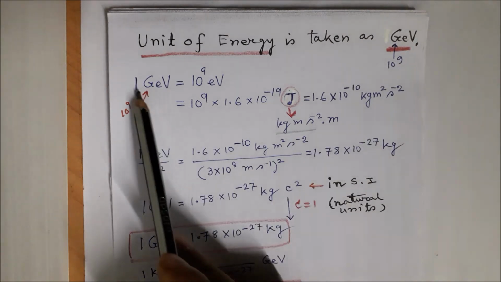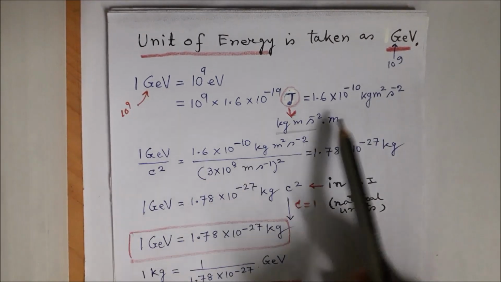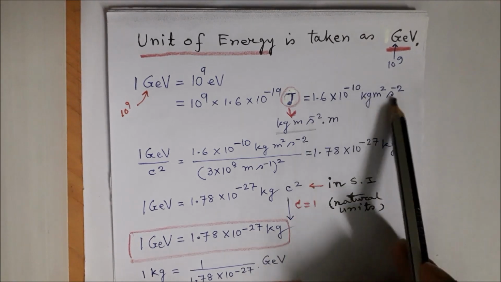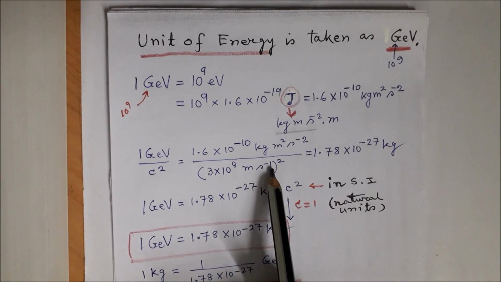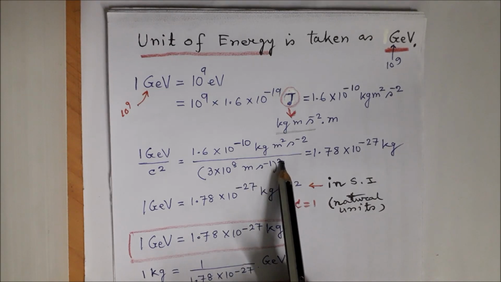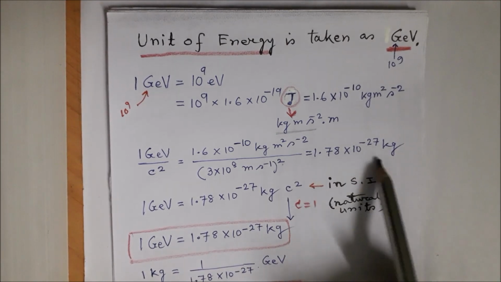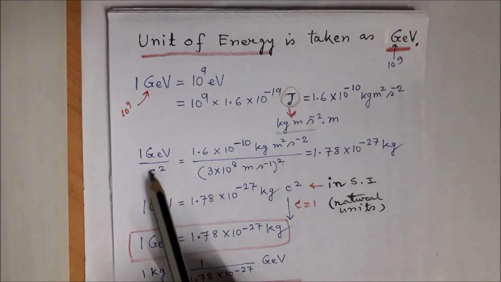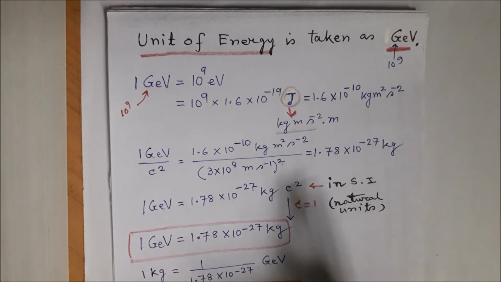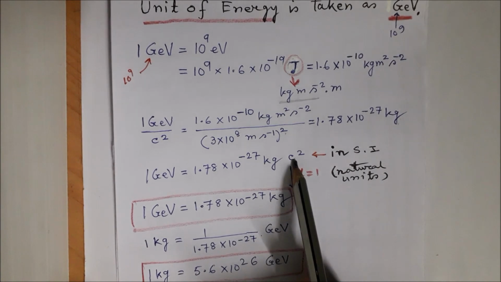Now let us divide 1 GeV by c square. That means we are dividing this quantity by 3 × 10^8 meter second inverse, squared, which a simple calculation yields this relation. Therefore, we can multiply c square here and we get this relation: 1 GeV is this much into c square.